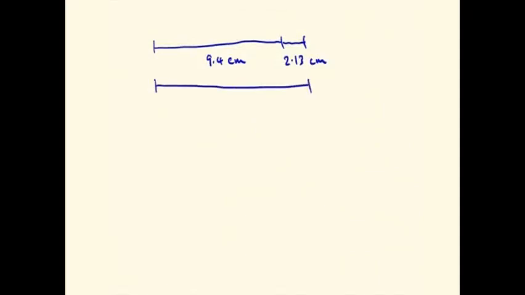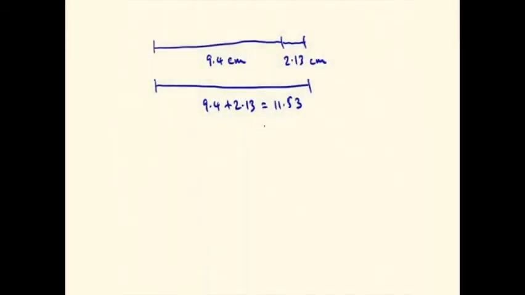So the combined length is 9.4 plus 2.13, okay, and that's 11.53. Okay. Now the 3 in the 2nd decimal place can't be relied upon because the coarsest measurement is the 9.4, right? Because the coarsest measurement is to 1 decimal place, I'm not entitled to quote the answer to 2 decimal places, so I approximate this to the nearest number to 1 decimal place, which is 11.5.